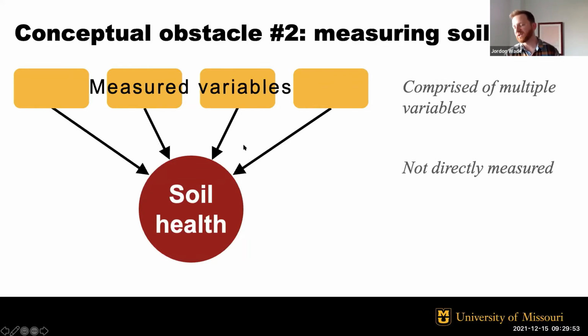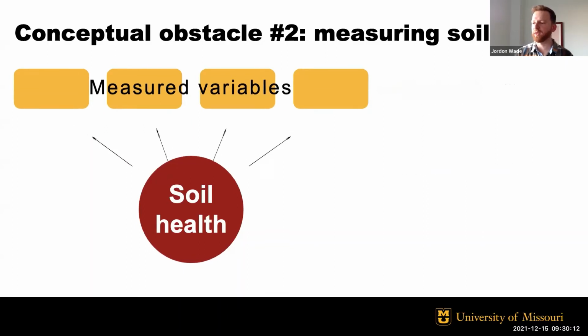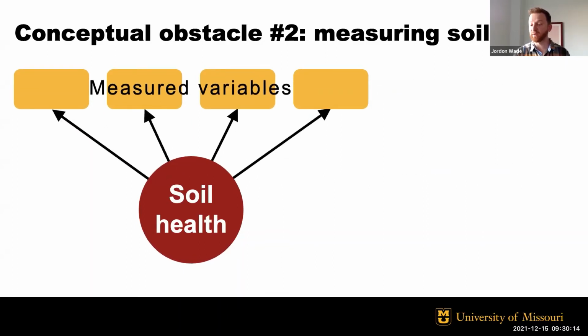But the problem is that soil health is not something that we can go out and directly measure. We have these measurements, and we somewhat arbitrarily, again, define that soil health score. But if we can kind of flip the script here and instead approach soil health as something that we should go out and try and discover, it lets us compare across fields a little bit more fairly.